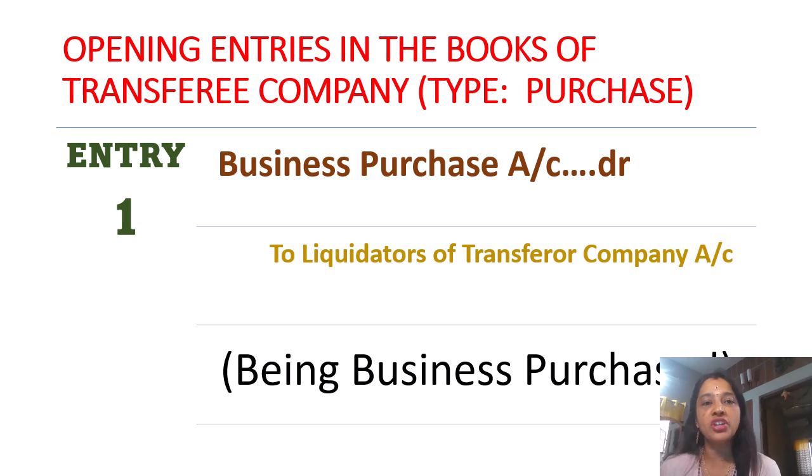Once you have closed the transferor company books, now we open the transferee company books. So there are only 4 entries, basically 3 entries. The first entry is you are purchasing the business from the transferor company. Now what does the transferor company do? They appoint a person called a liquidator. The liquidator is responsible for closing the transferor company and transferring all the assets and liabilities to the transferee company.